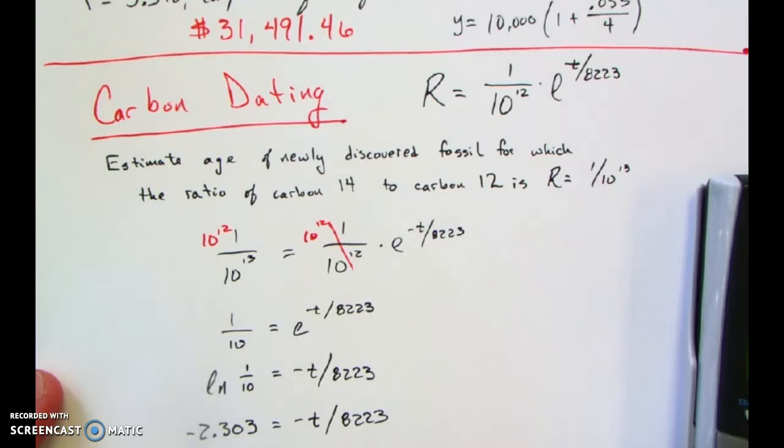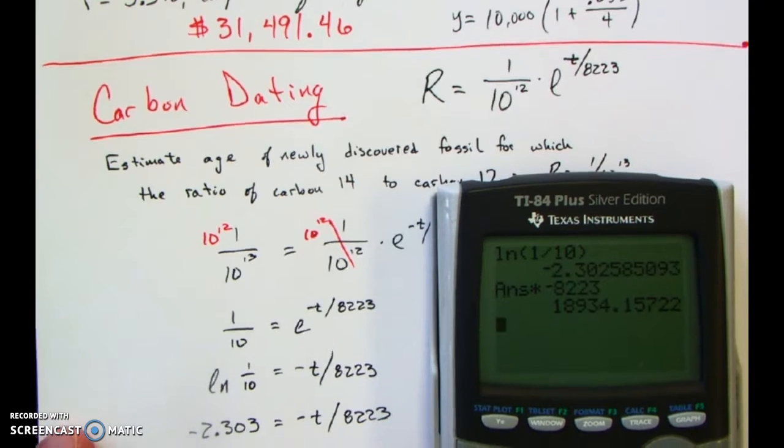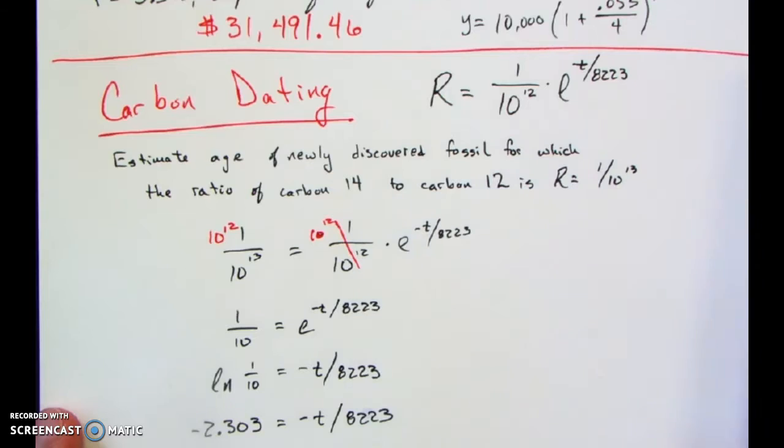And now we'll multiply both sides by, we can get rid of the negative sign here as well. If I multiply both sides by a negative 8,223, then that gives us our years. That's a time of approximately 18,934 years.